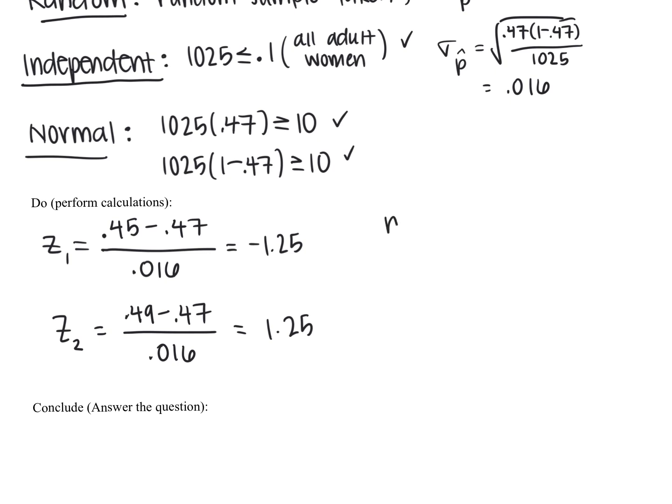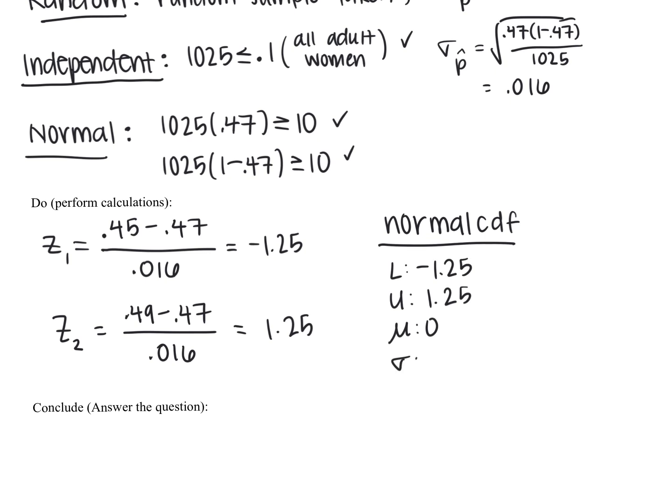So now we're going to go to normal CDF. My lower bound is going to be negative 1.25. My upper bound is going to be positive 1.25. We're going to have a mean of 0 and a standard deviation of 1.